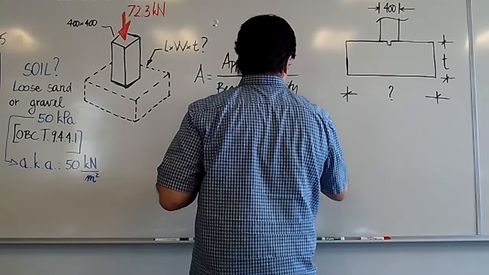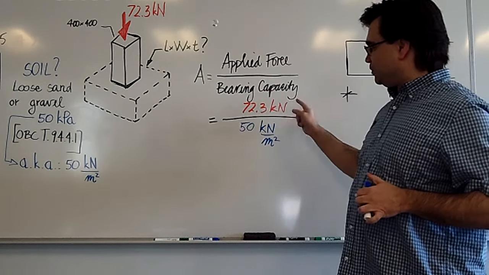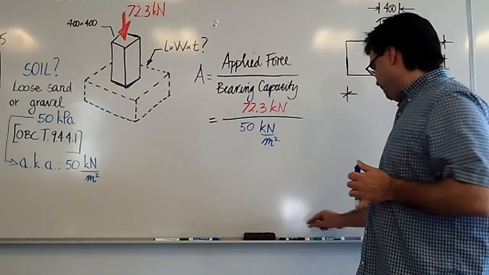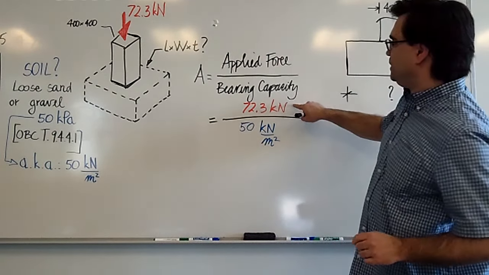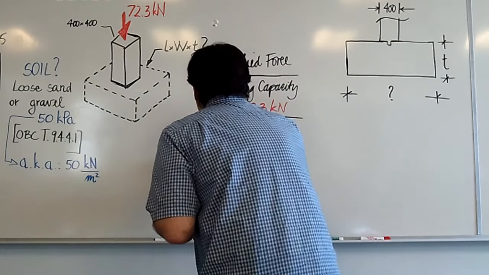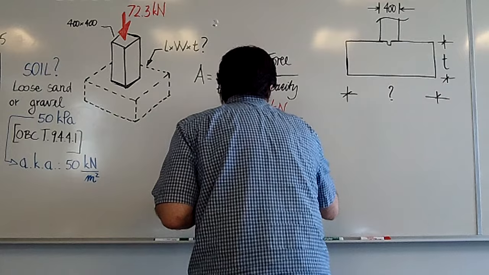Now this works because we have kilonewtons and kilonewtons both at the top and bottom. So when you cancel these units out, the unit you're going to get out of this is going to be in square meters. So when you do this division, 72.3 divided by 50, we get an area of 1.446 meters squared.